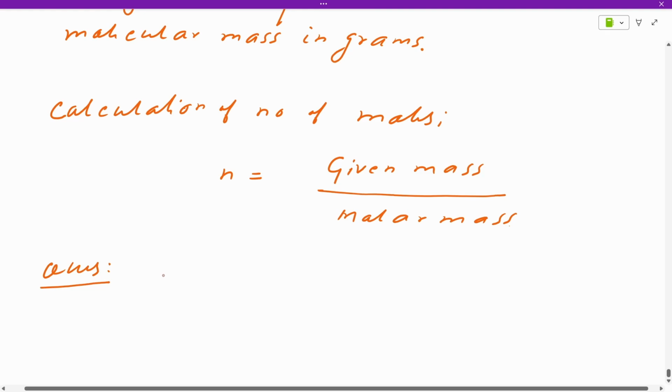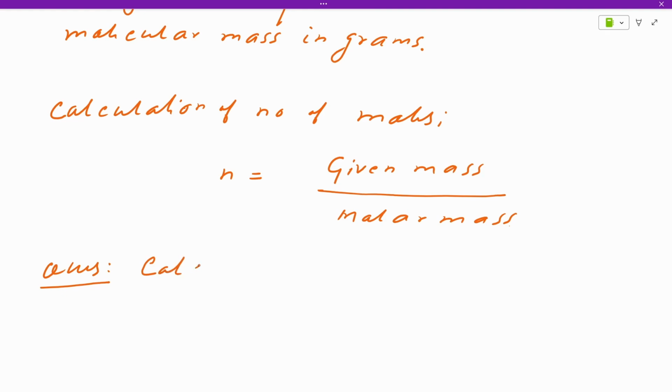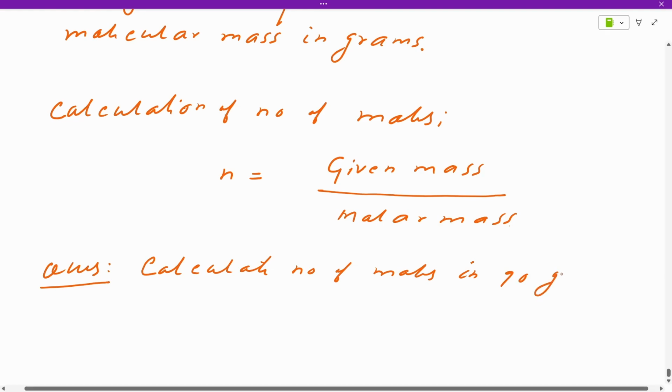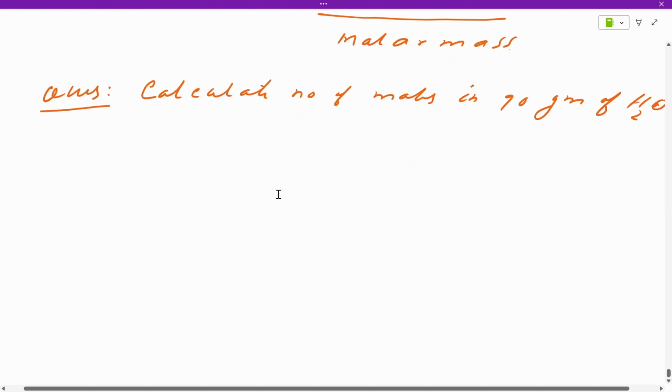Calculate the number of moles in 90 gram of water. 90 gram of water, H2O. How will you calculate it? What is the formula?